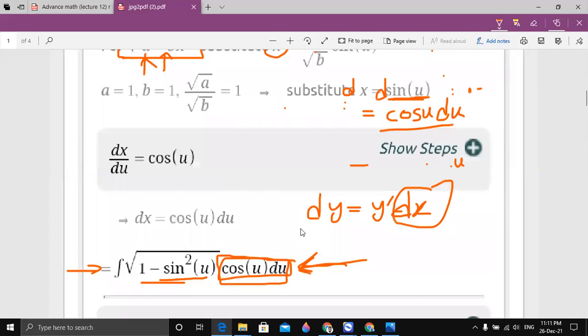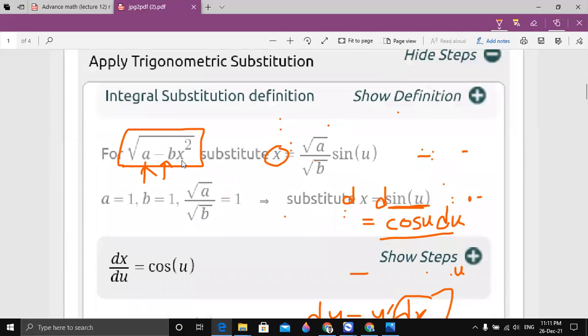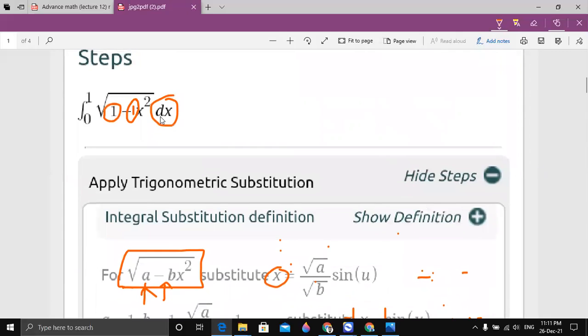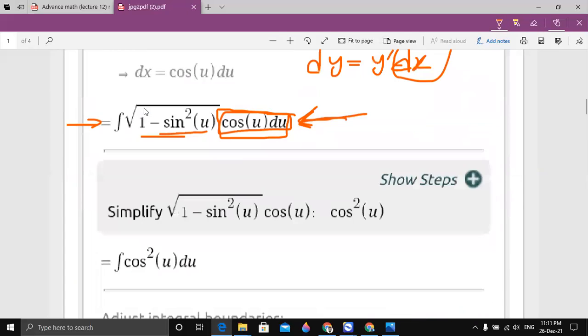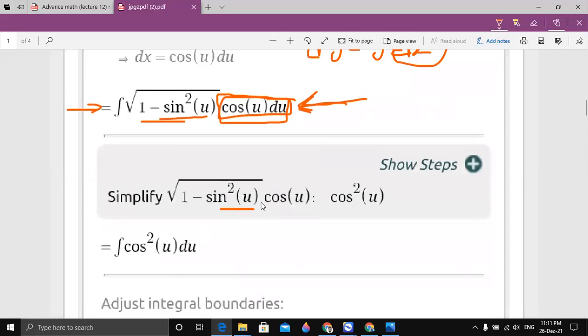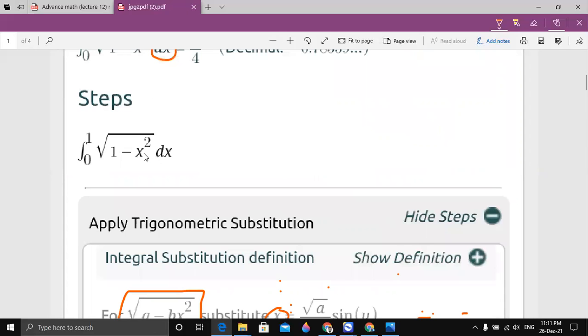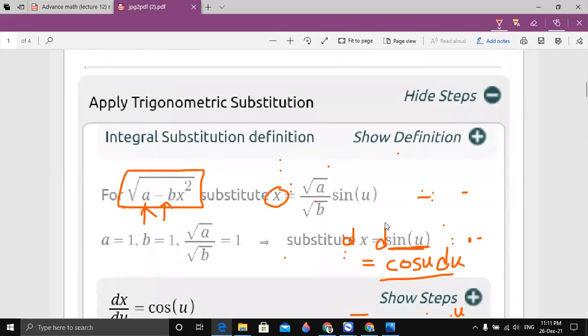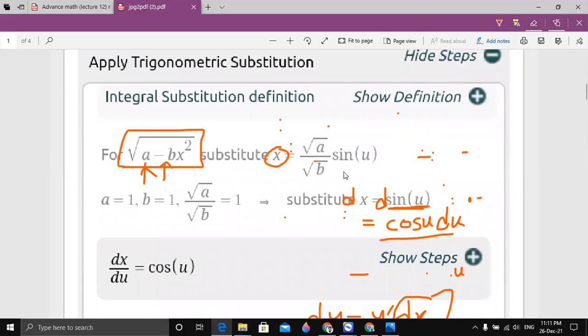And instead of x square, we are substituting. Instead of x, we can write sine u, since x equals sine u.